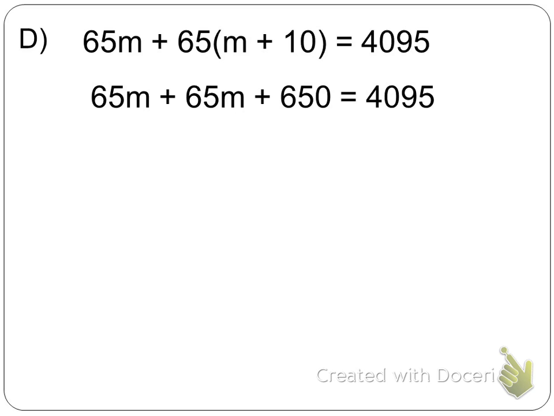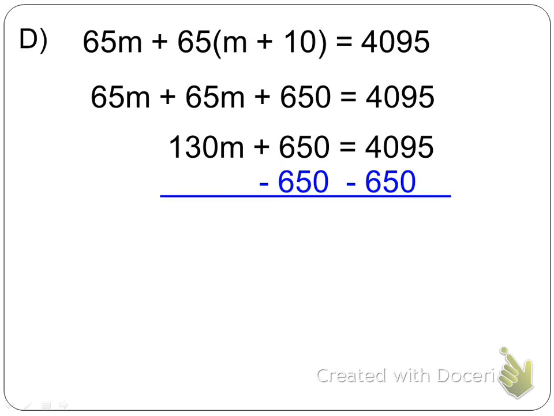Combine those like terms. 65m plus 65m is 130m plus 650. Very good. And then we'll divide both sides.